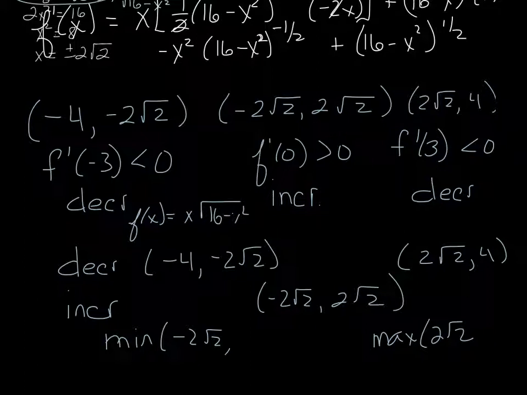Just to save time, would you believe me if I tell you that the point here is a minimum, I believe it was negative 8, because we're going to have 16 minus 8, which is the square root of 8, and the square root of 8 times negative square root of 8 is negative 8. Wait, so do you just plug it back into the original to find the actual minimum and maximum?